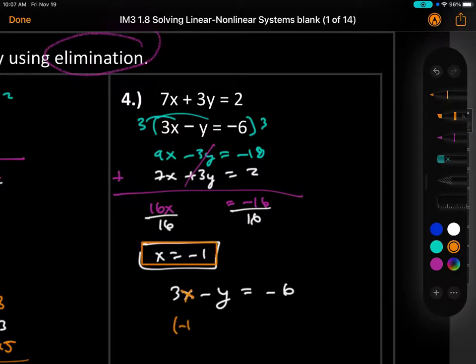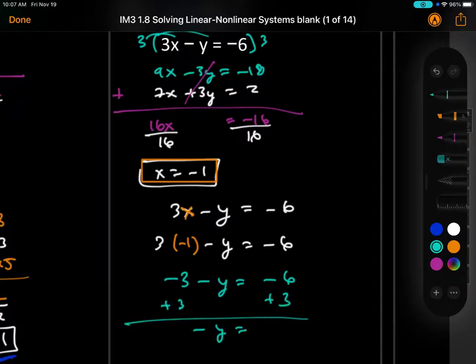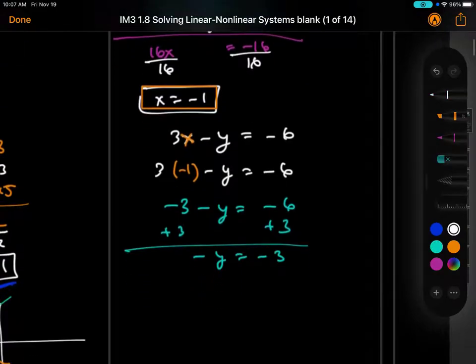You can put x equals -1 into any equation. I picked the second one. I think the numbers are a little bit smaller, so x equals -1 here. -3 minus y equals -6. And we'll get y equals +3.